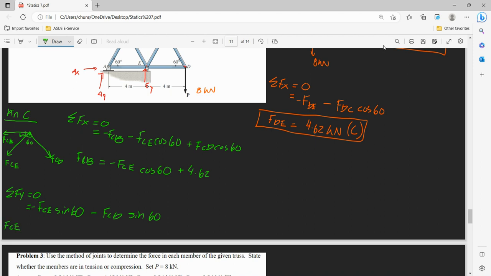So FCE is equal to our negative FCD, and our sine 60s cancel out. I'll show it anyways. Both those cancel out. This is 9.24. So FCE is equal to negative 9.24 or 9.24 in compression.